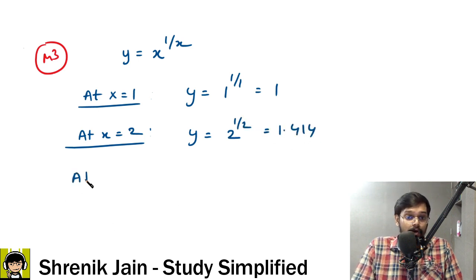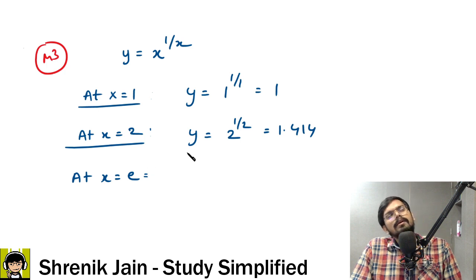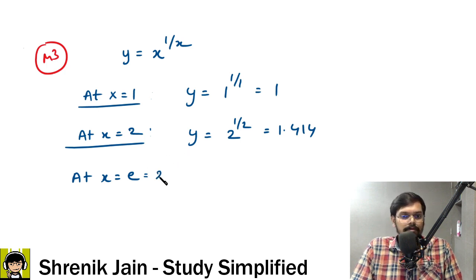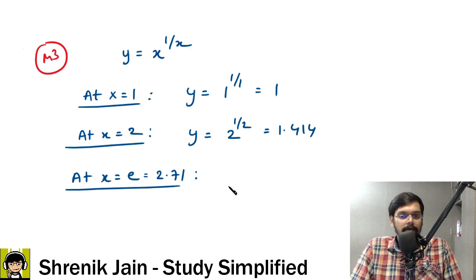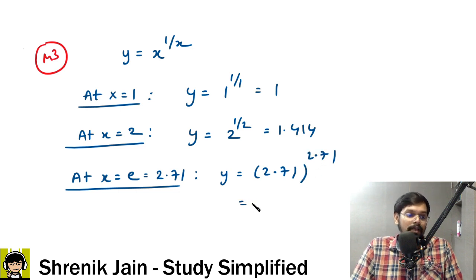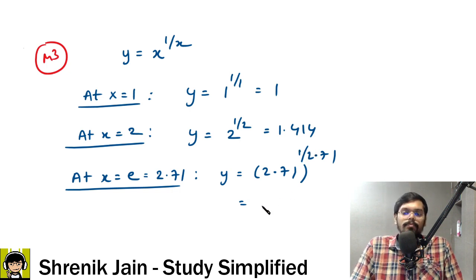Now check it out. They were asking me, at x equal to e, what will we get? e is 2.71. If you remember, I always tell the value of the exponential. Just like pi is 3 point something, this is 2 point something. So y is equal to 2.71 to the whole power 2.71. Since you get the virtual calculator, you can do this operation 1 by 2.71, because we have 1 by x.